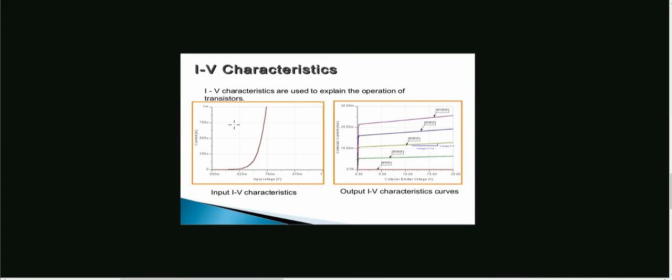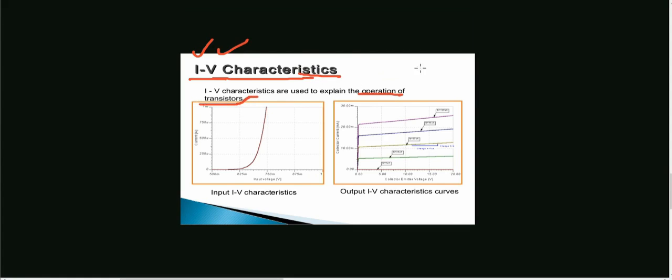Now let us understand the characteristics. When I say IV characteristics, it is nothing but the current and voltage characteristics of a BJT. These characteristics have to be drawn because we need to understand the operation of a transistor.